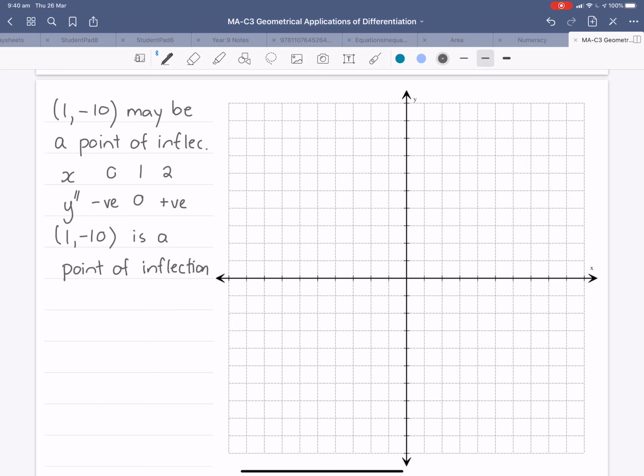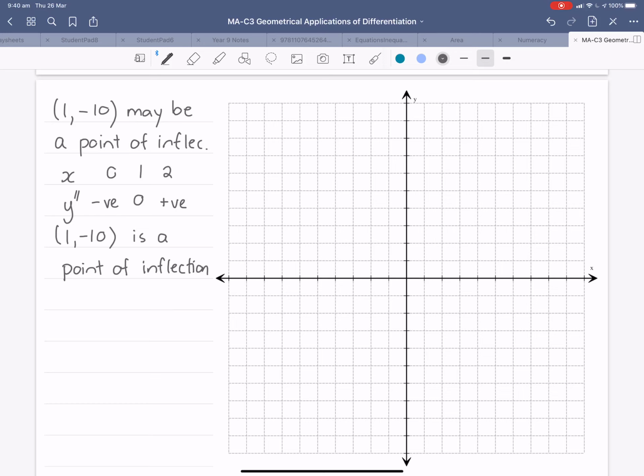and if we look at our x values, we've found our maximum at x equals negative 1. Our point of inflection was at x equals 1. We really could stretch that out a little bit. So there's my decision.